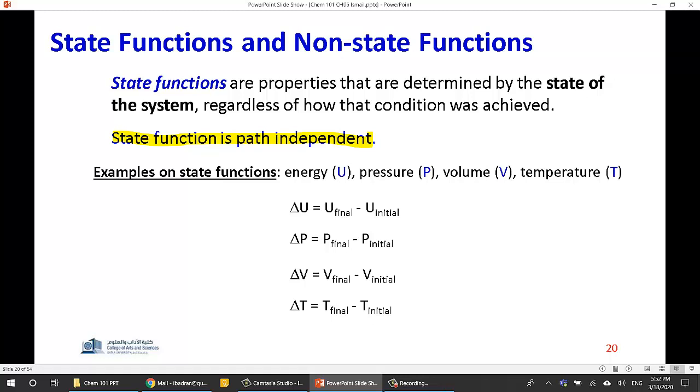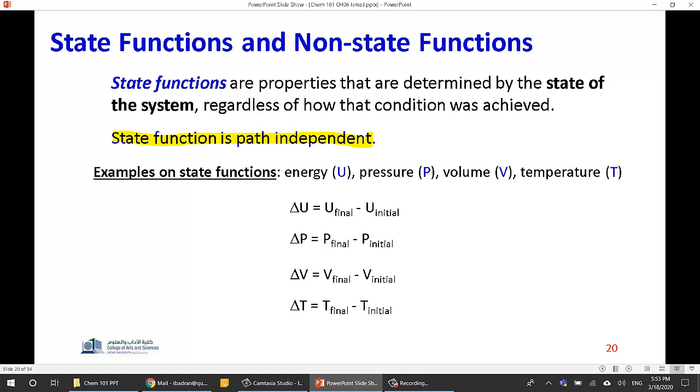So let's say that we have a system that is changing temperature from T1 to T2, or T initial to T final. In that case, we say delta T is equal to T final minus T initial. If that system is changing volume, as we studied in chapter 5, let's say we have a gas container with a V initial, and that V is changed to V final.